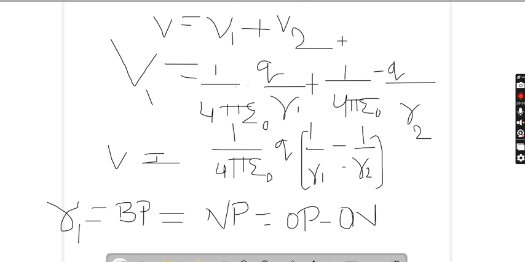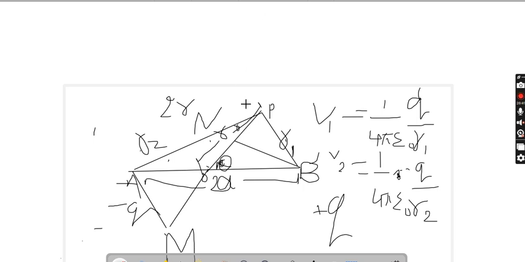Suppose you consider the triangle NOB, then cos theta will be ON divided by OB.